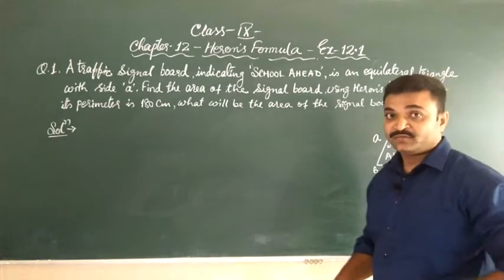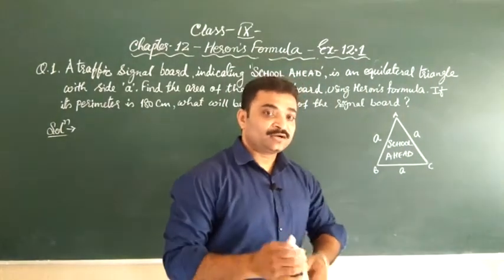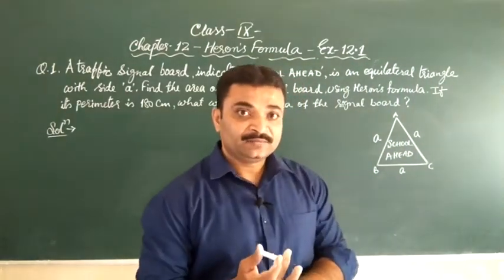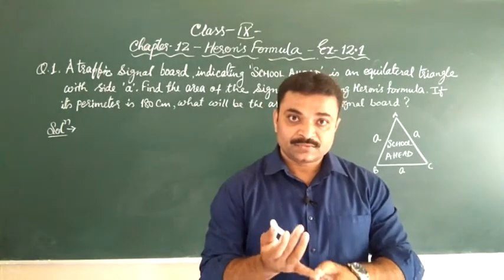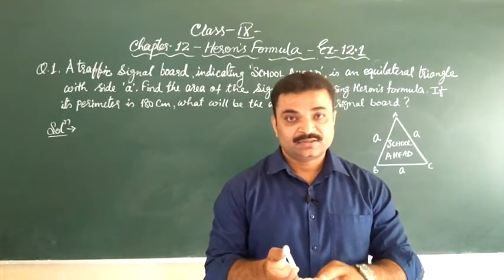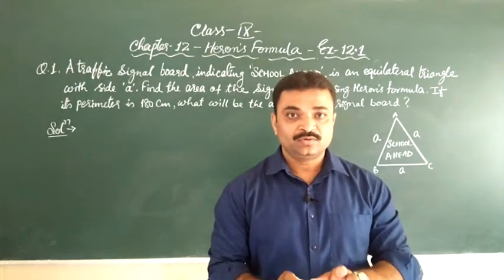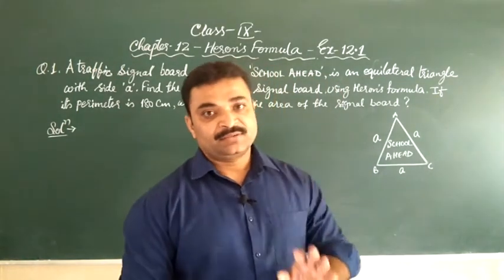So here we will apply Heron's formula, and in Heron's formula what will we need? We will need S, that is the semi perimeter, and sides A, B, C. All the sides we know, all the sides are equal, that is A, but we have to find the semi perimeter.